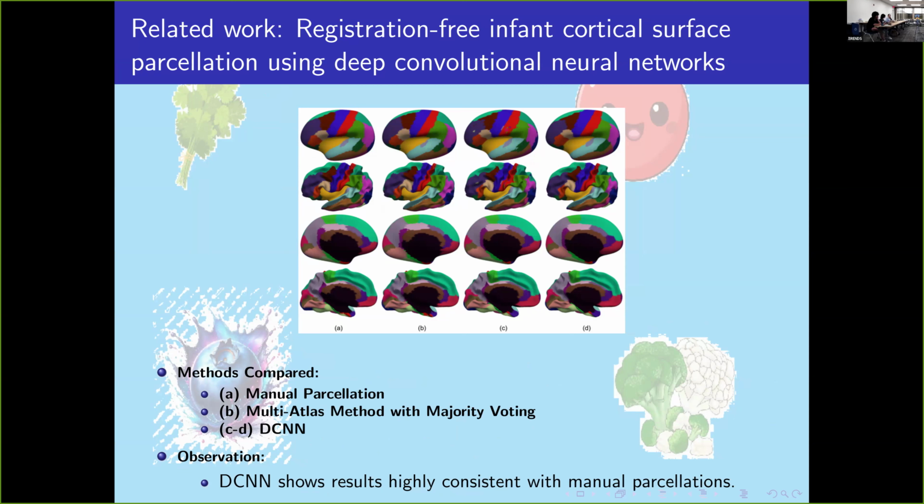So the left-hand component is the manual labeling, and the top component is the spherically inflated surfaces. But basically the point of this slide is to show you the different types of classification that occur on these types of surfaces.